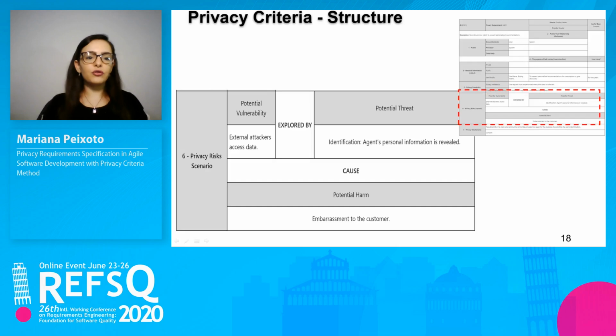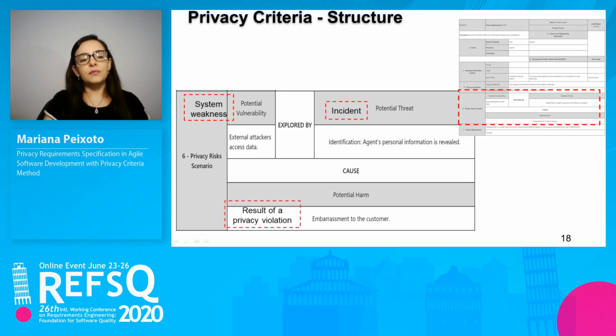After that, you should consider the specification step 6, the risk scenario that involves a vulnerability, that is a system weakness. In this case, external attackers access the data, exploited by a threat, an incident, in this case identification of the user, cause harm, a result of a privacy violation.